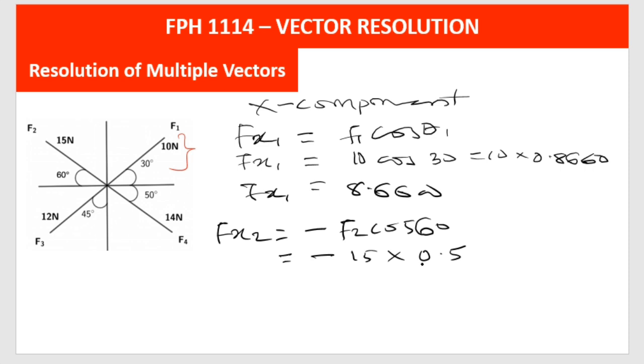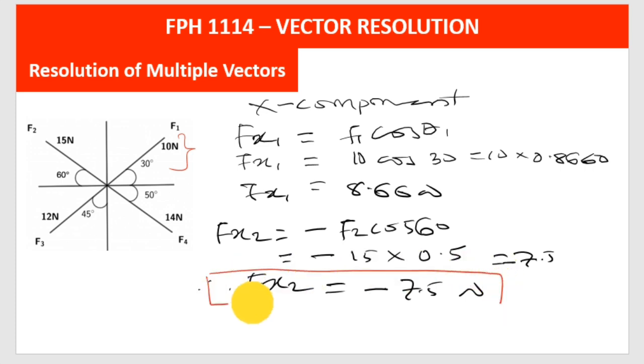Cos 60 gives us 0.5 multiplied by 15, which is equal to 7.5. Therefore Fx2 is equal to minus 7.5 Newton.